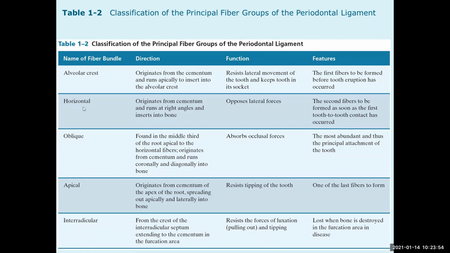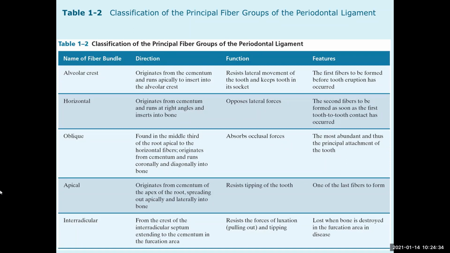Okay, so we've got horizontal fibers, opposes lateral forces. Oblique fibers, okay, they go at an angle. Absorbs occlusal forces. They are the most abundant of the fiber group. Apical fibers resist tipping. And it says it's one of the last fibers to form. Why would it be one of the last fibers to form? Root development. Yeah, root development. There you go, because it's the last part of the root to actually form.